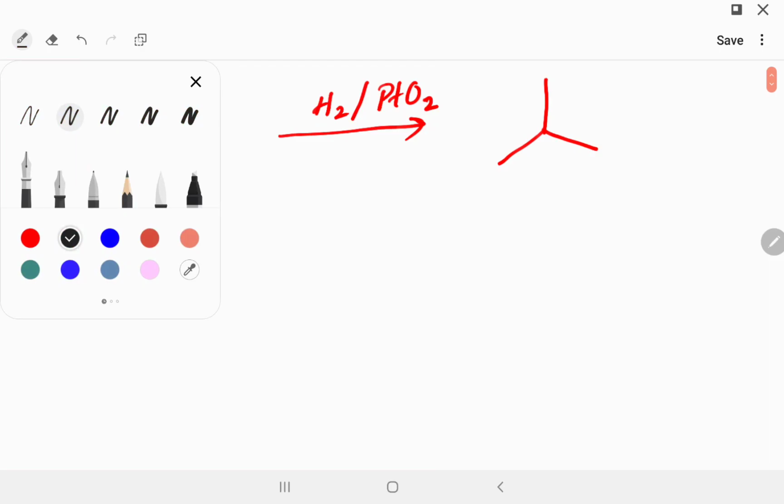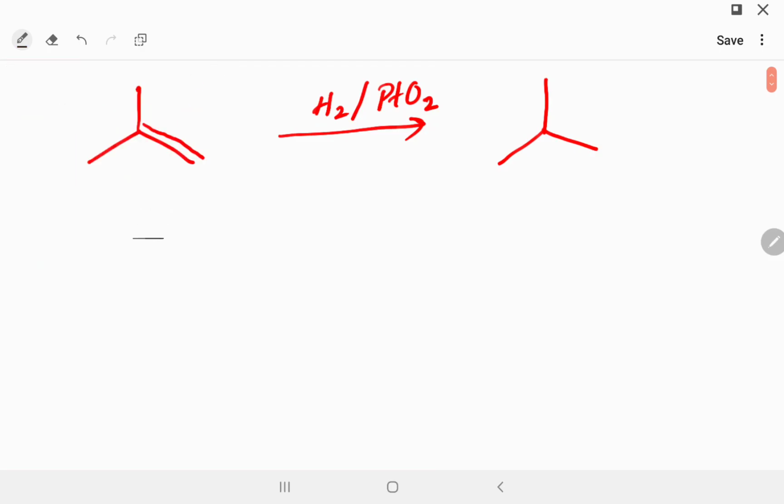Let's take another example. Let's take cyclohexene, and then we will have a couple of substituents in here, two methyl groups or two chlorines. Whatever, it doesn't really matter.